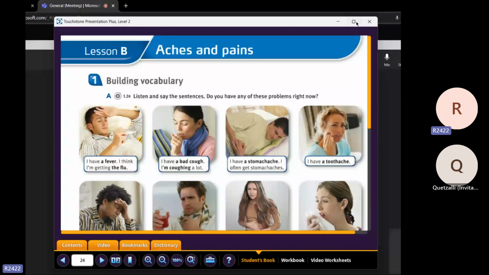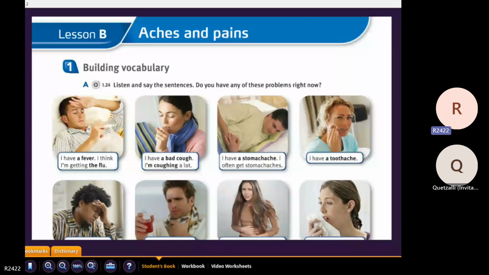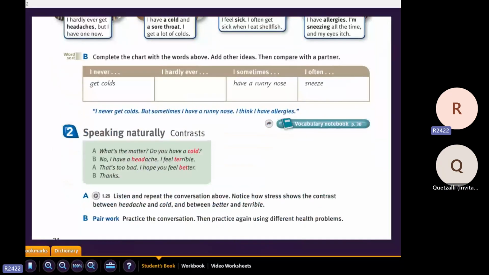Okay, now we are going to do this activity. We have to complete the chart with the words above. Add other ideas. Okay, with your own ideas, add vocabulary. Try to add 3 words to each chart.